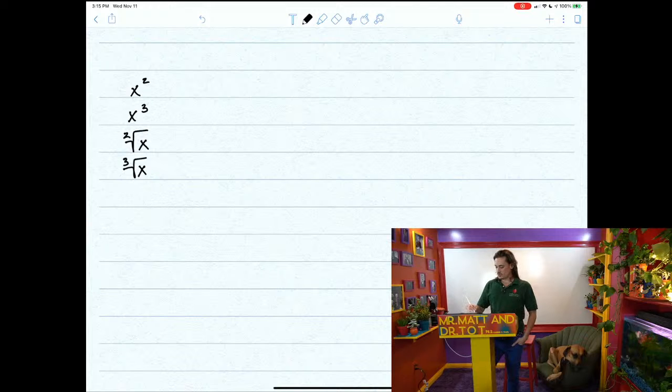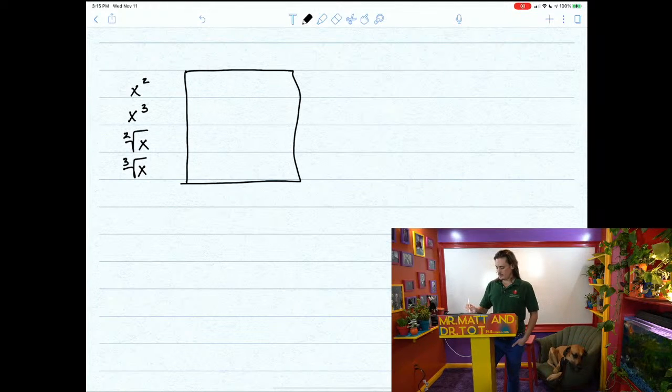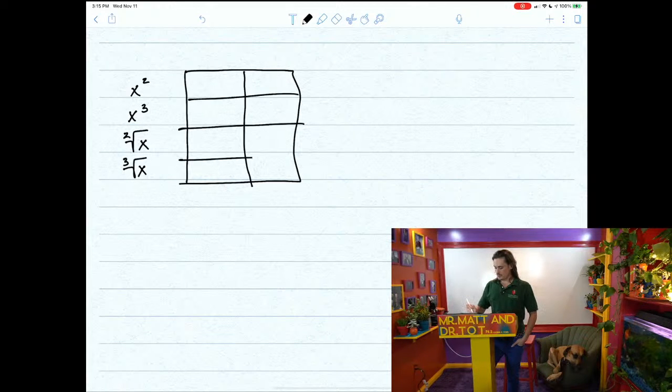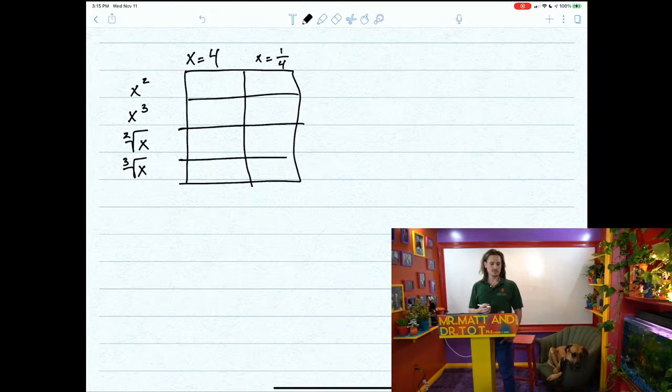So if we make a little chart here, I'm going to pick two separate values. Actually, let's keep it consistent. I'm going to pick x is equal to 4, and then x is equal to its inverse 1/4.